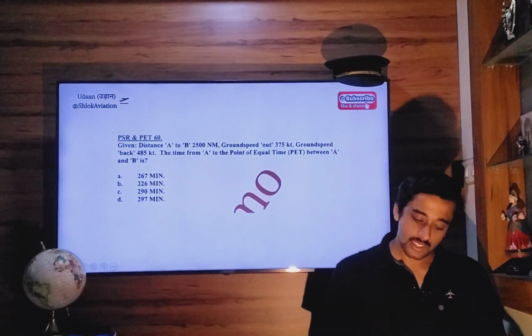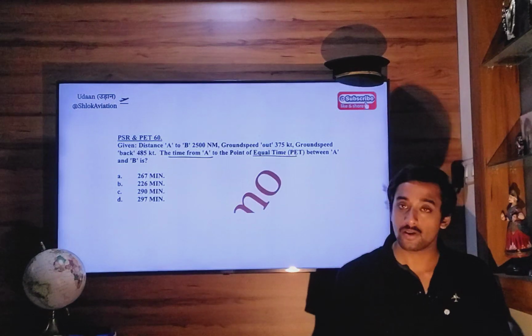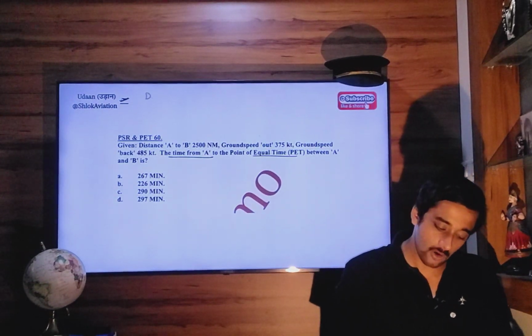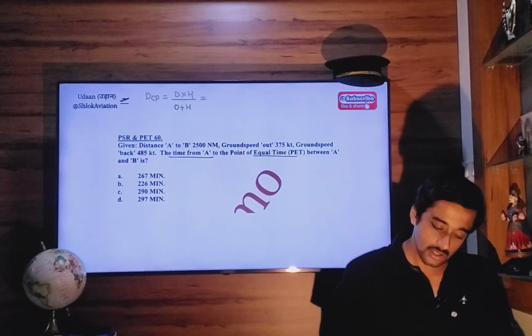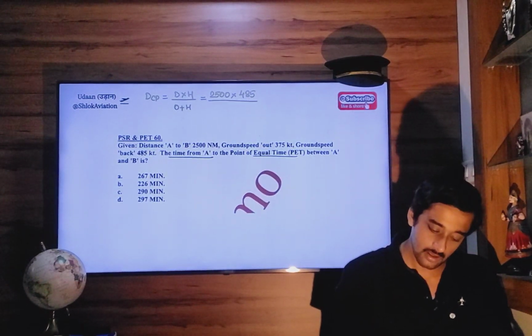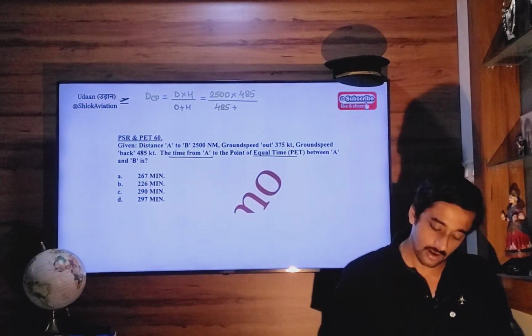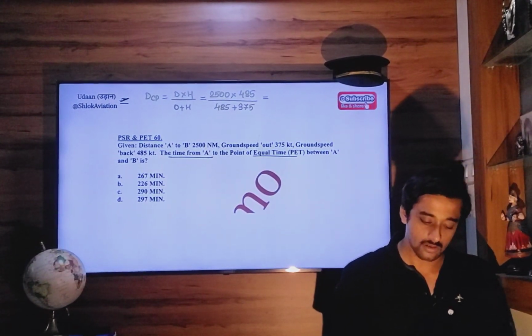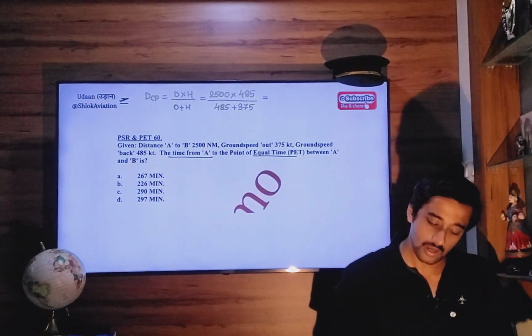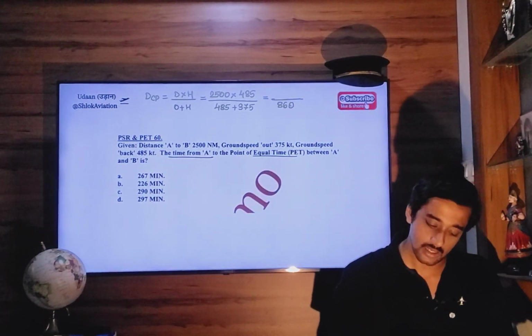Next. What is the time from point A to the point of equal time? Let's use the formula for distance to point of equal time, D into H divided by O plus H. So 2500 into 485 divided by 485 plus 375. 860 in the denominator.